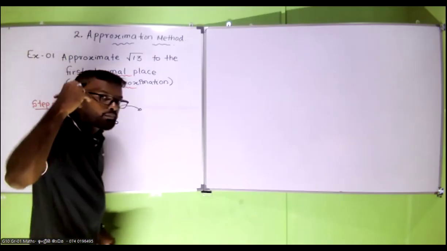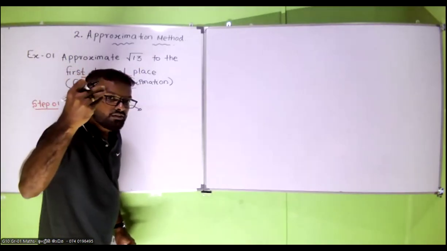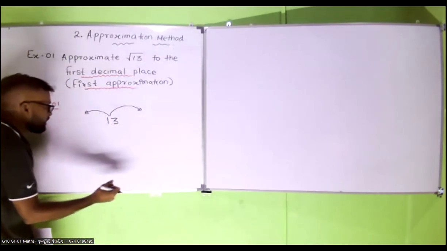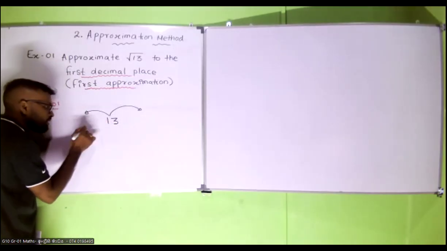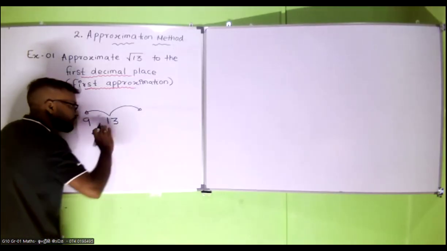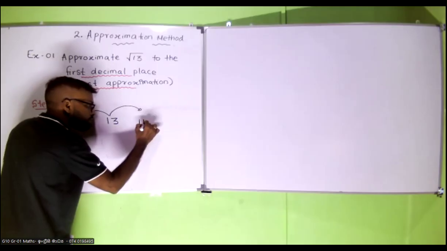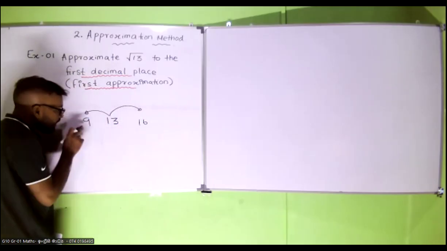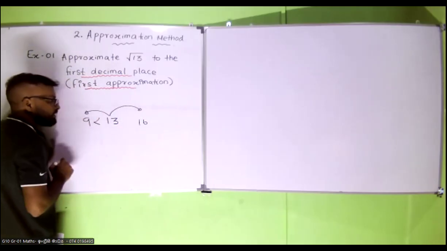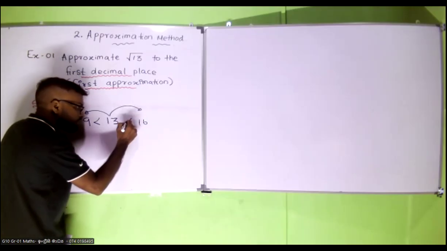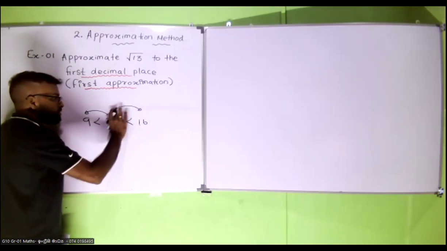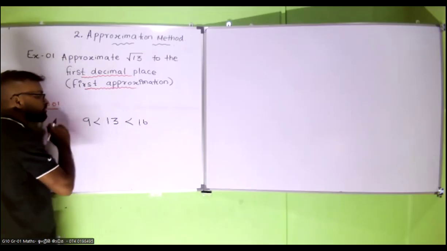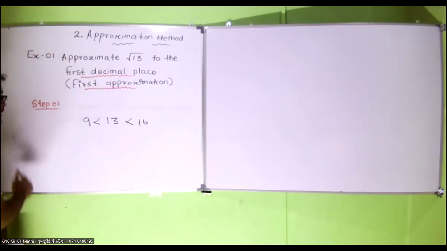So the lesser perfect square number is 9. The greater perfect square number is 16. So we can write 9 is less than 13, 13 is less than 16. This is what you have done in step number 1.